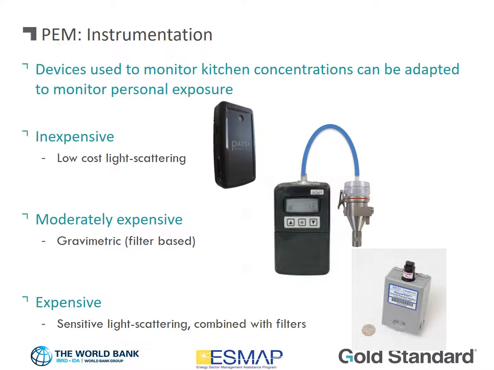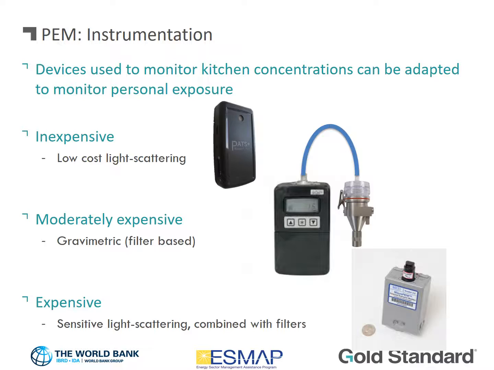There are a range of instruments that can be used for PEM, and they vary from inexpensive to quite expensive, depending on what kind of technology you're using. The lower cost instruments are the optical light scattering instruments such as the PATS Plus, developed by Berkeley Air.